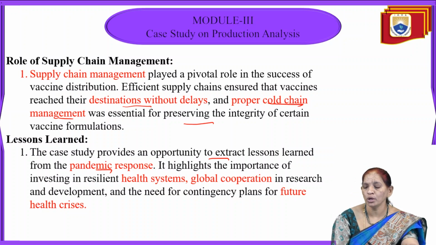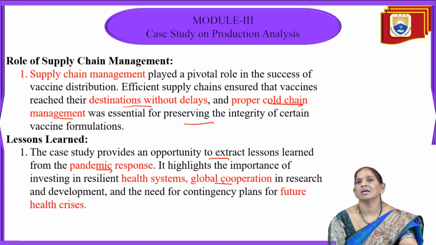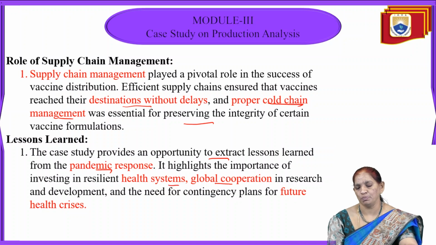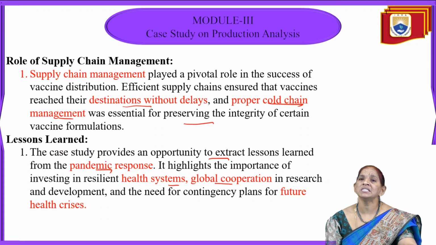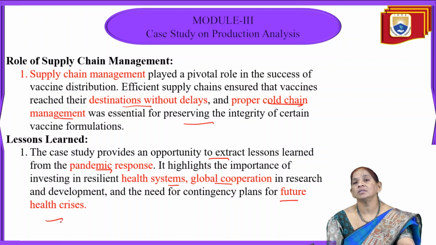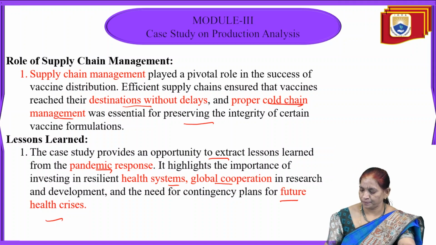Global cooperation is required, with stress on health systems and global cooperation in research and development. It also needs contingency plans for future health crises. This global coordination and cooperation should be continuous at the international level, and in future we should plan for pandemics like this.